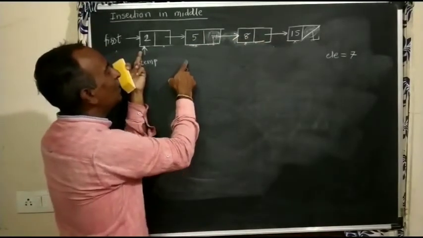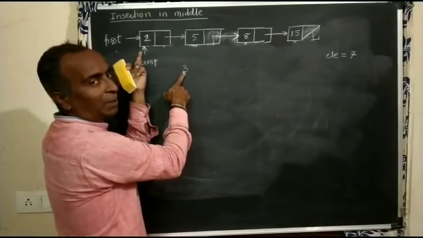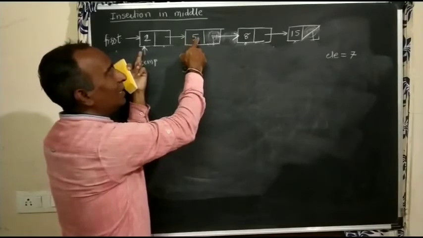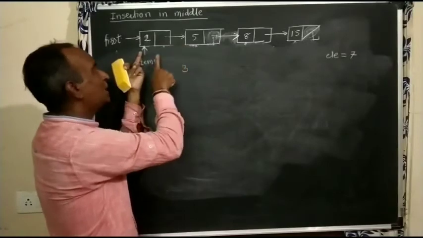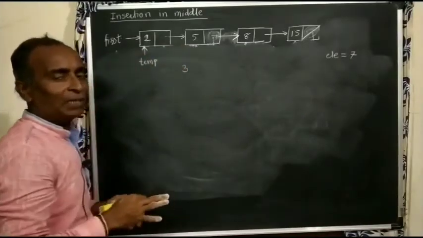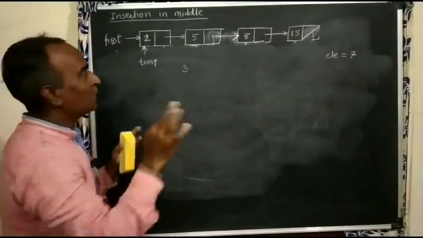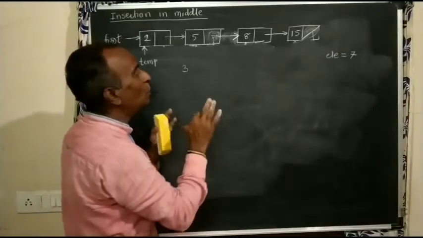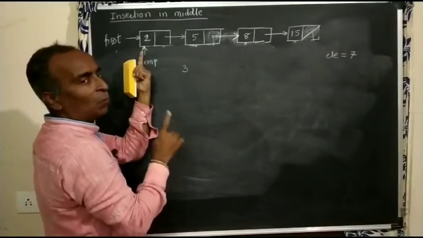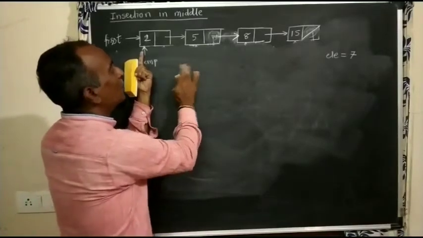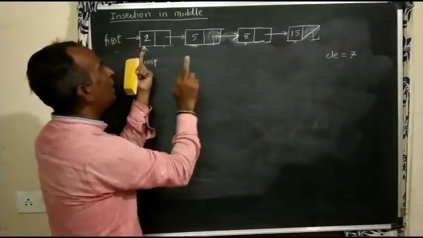The element to be inserted is 3 and the next node is 5. It means definitely this node should be before this only. It means temp is pointing correctly. Suppose you want to insert 7. Now temp is here. What are we doing?